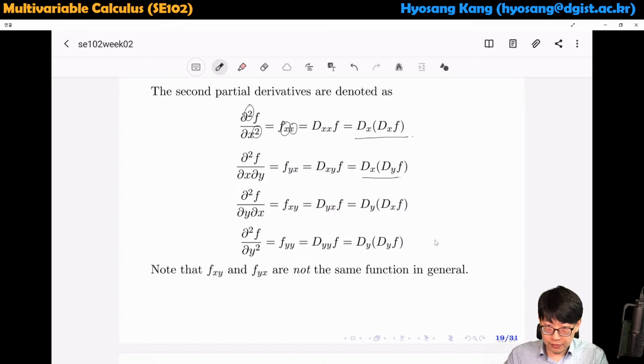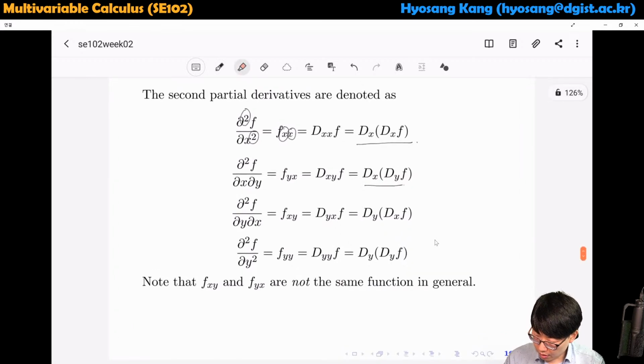But the order of your notation is important. Suppose that I'm taking the partial derivative in y and then the partial derivative in x. Then you have to rewrite this as yx, and in this notation it's opposite.